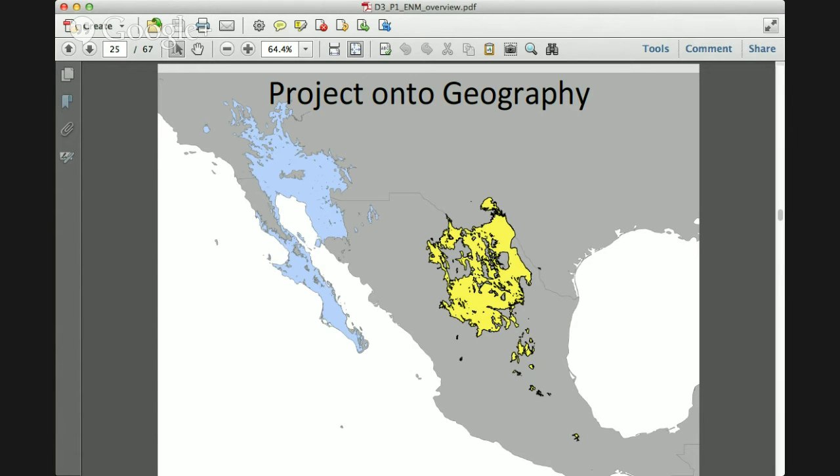Its overall A, its habitable area, is what you see in blue and in yellow. But we said, well, what if the M separates the Chihuahuan Desert from the Sonoran Desert? And so we made up a species that could only access the Chihuahuan Desert portion, the yellow portion of its potential distribution.